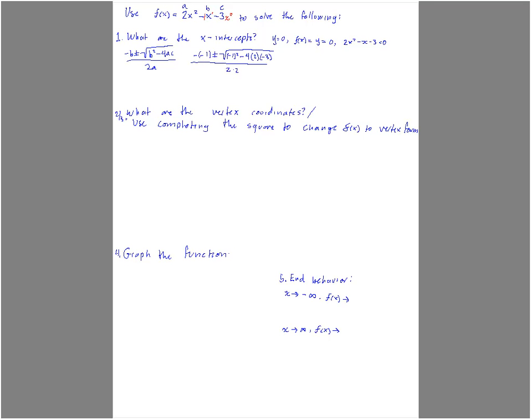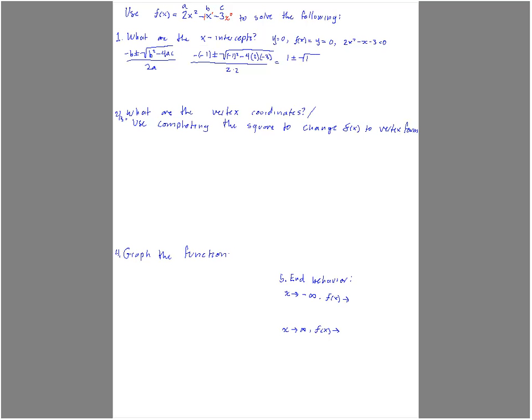When you simplify it, the negatives cancel, so that's a 1 for that term. And then plus or minus the discriminant, which I'll go ahead and write out.